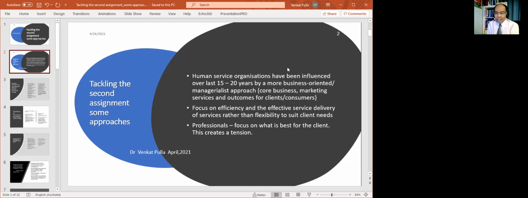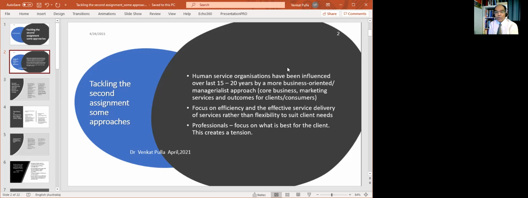We understand that human service organizations in the last 15 to 20 years have transformed. They are, of course, still charitable. They have a purpose, they have a vision, but they do seem to be becoming a little more business oriented. They seem to be using marketing as part of their process. There are outcomes for the clients. There is a language which is moving on.